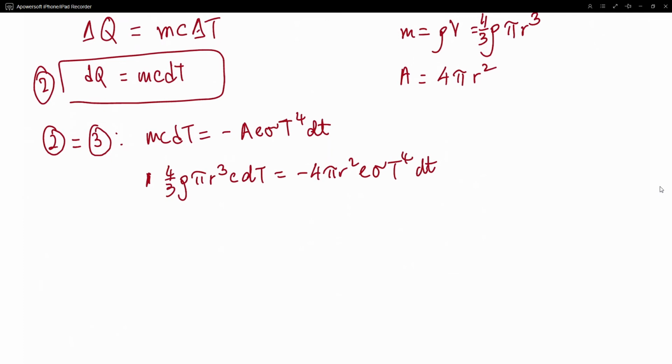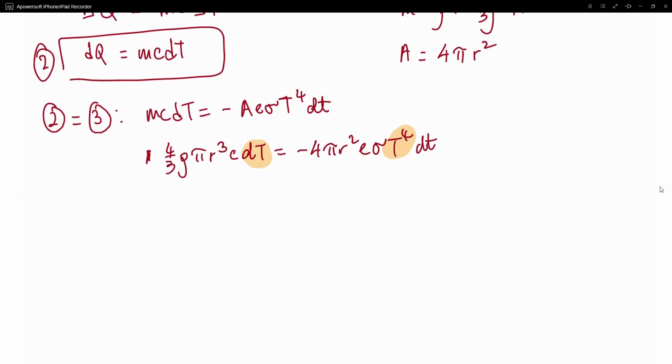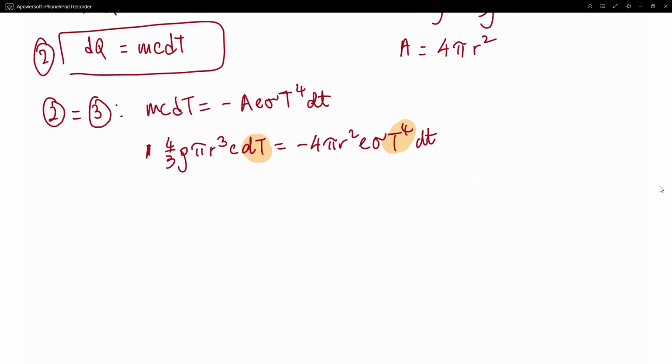So now we want to bring this T and match it with this dT so we can integrate. But before that, we're going to have to do some cancellations, right? We can divide both sides by 4, multiply them by 3, cancel out the pi, so 3 rho r cubed c dT is going to be equal to negative r squared, and I can cancel that too, so not r cubed, it's just r.